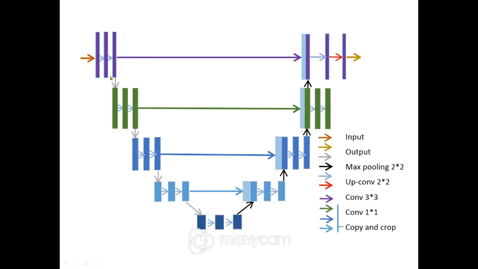So, for example, if the image was 512, it will go down to 128 and then to 64 and so on and so forth, depending on the architecture and design of the structure. On the other side, the opposite will happen. The decoders will start to upsize the image back to the original size.